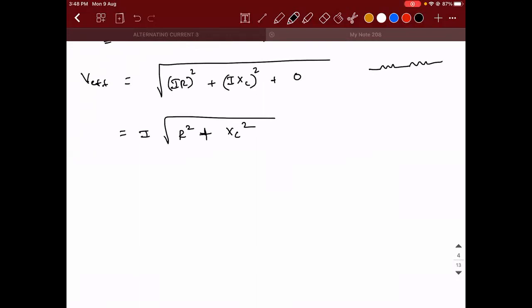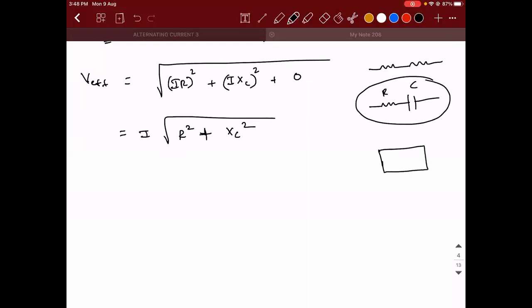In a similar way, if you have a resistor and a capacitor connected in series, then you can replace these two devices. For example, this has resistance and this has reactance, right? So the effective value of resistance and reactance put together is what is called impedance.